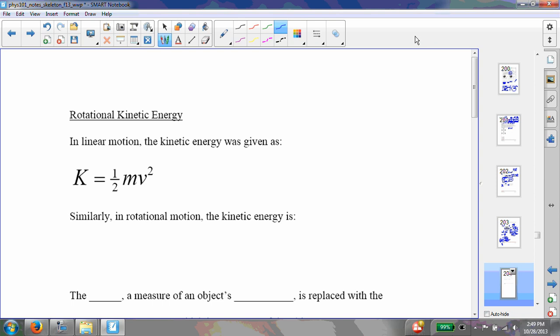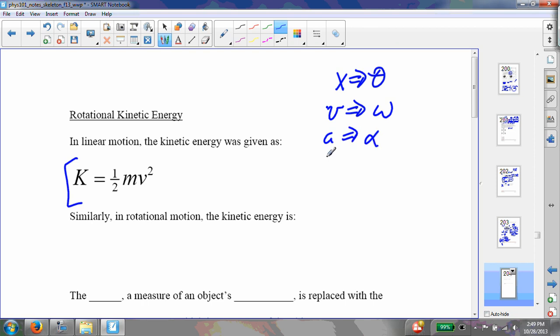Now, in linear motion, the kinetic energy was given as K equals 1/2 mv squared. Remember, we're making these analogs. That is, x is becoming theta, v is becoming omega, a is becoming alpha.